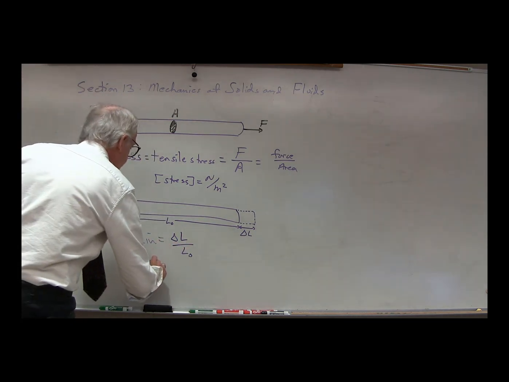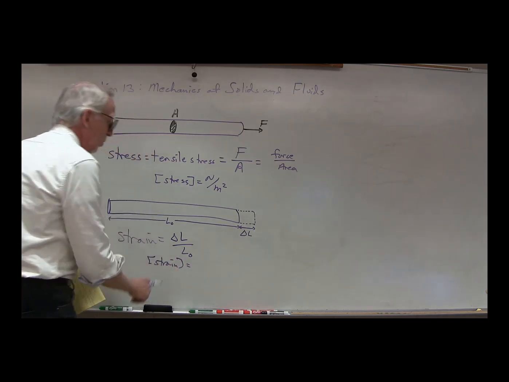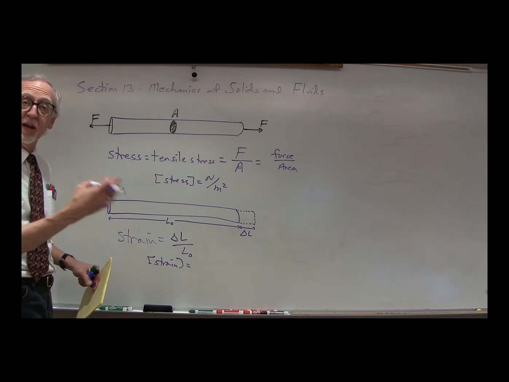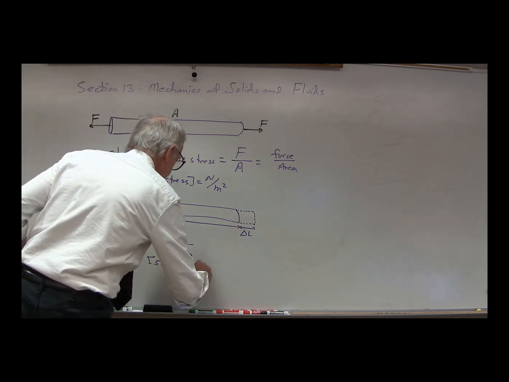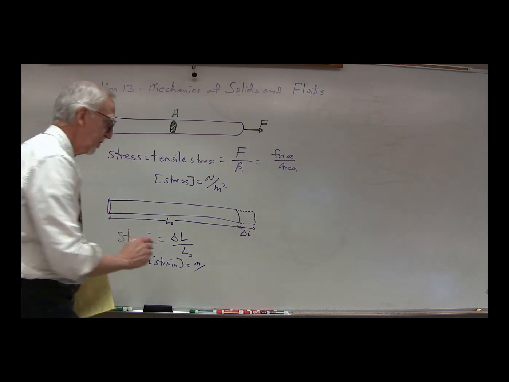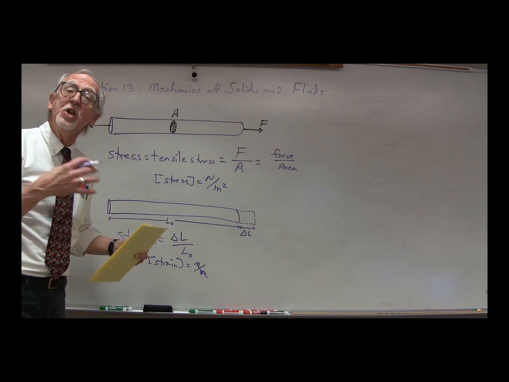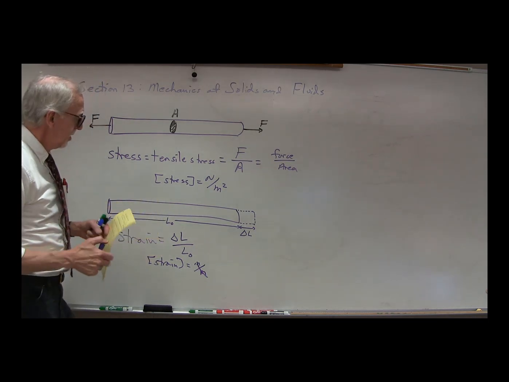Now, what are the units of strain? Well, that will be the units of delta L, the change in length, which will be meters, over the units of the original length, which is another length, which is meters, and they cancel out. So the strain is a unitless quantity.